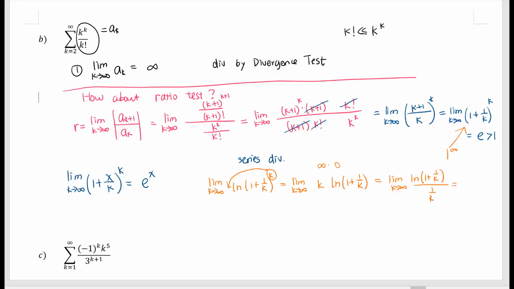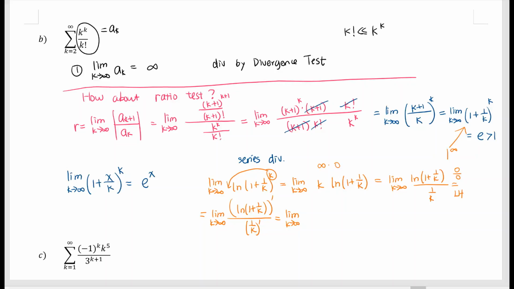Okay, now, can you see when k goes to infinity, we get 0 over 0, so we can use L'Hopital's rule. So what is L'Hopital's rule? We take the derivative of the top over the derivative of the bottom. The derivative of the top, okay, chain rule with the u is 1 plus 1 over k.